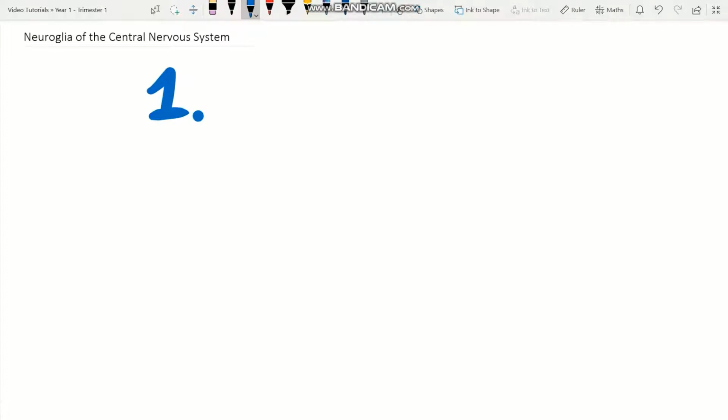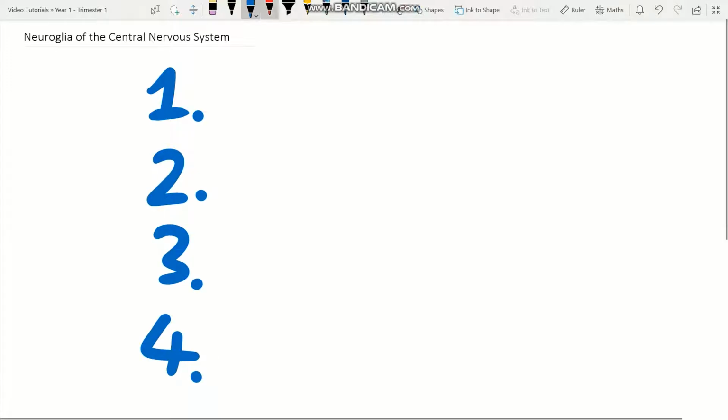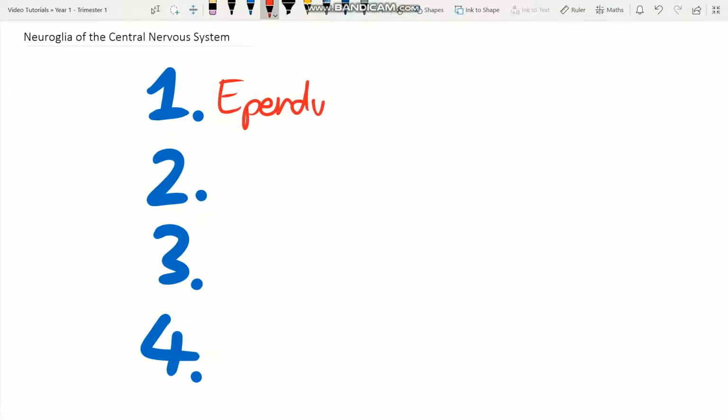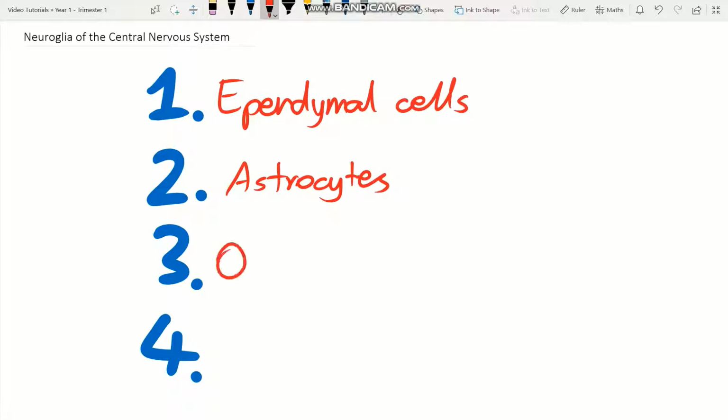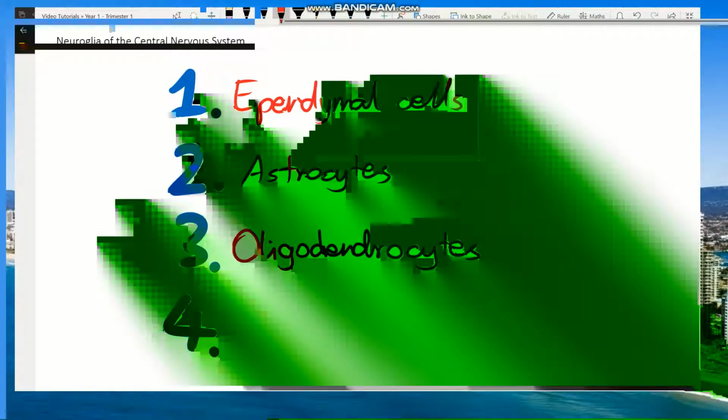It contains 4 different types of neuroglial cells. Firstly, there are ependymal cells, astrocytes, oligodendrocytes, and microglia.